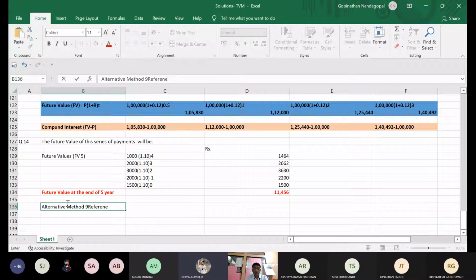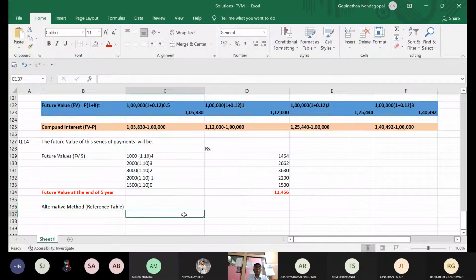Initially I am not clear with the question, sir. See, it is nothing but when you have a compound value. So every year at the end of the fifth year, it will be 0. Am I right? Yes, sir.